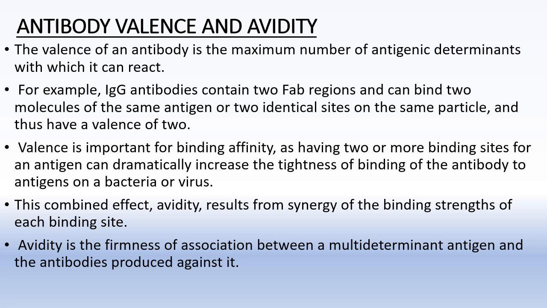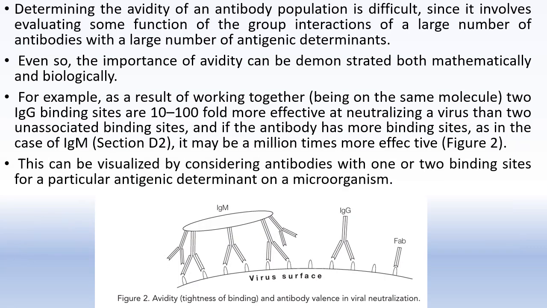Avidity is the firmness of association between the multi-determinant antigen and the antibodies produced against it. Determining the avidity of an antibody population is difficult since it involves evaluating some function of the group interactions of a large number of antibodies with a large number of antigenic determinants. Even so, the importance of avidity can be demonstrated both mathematically and biologically.